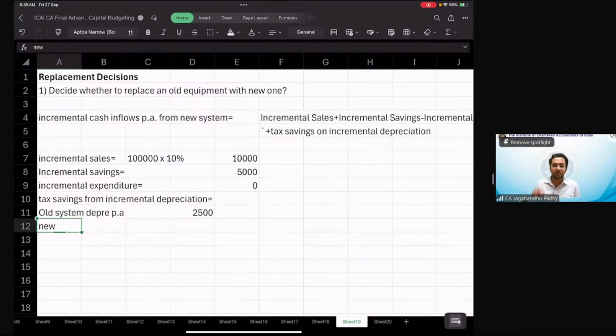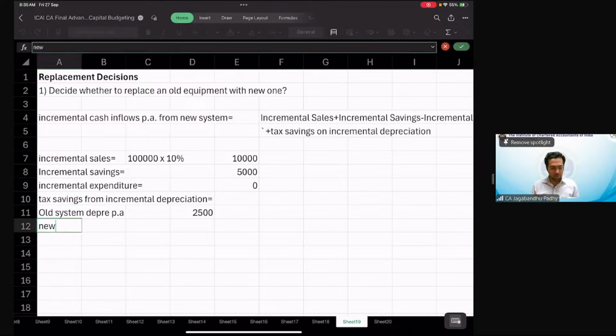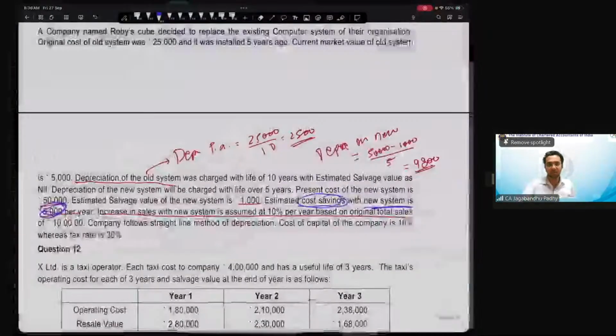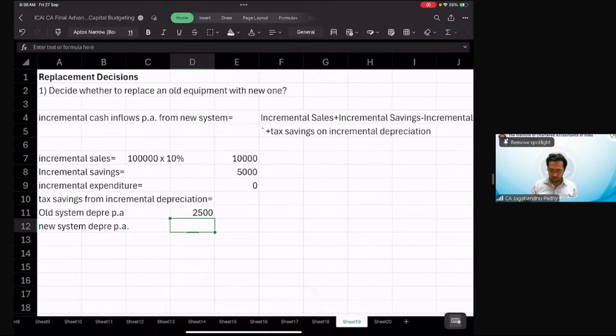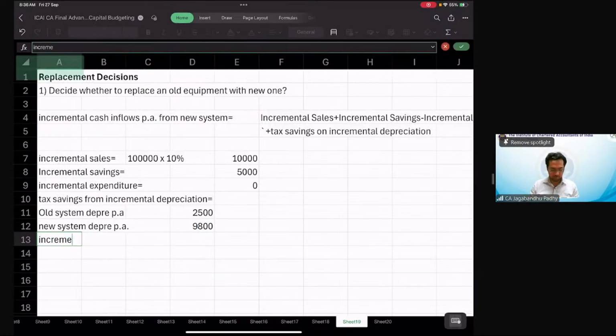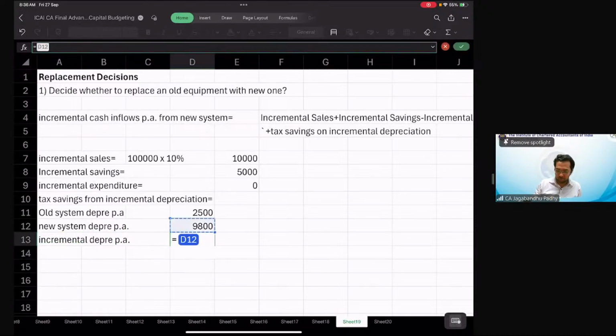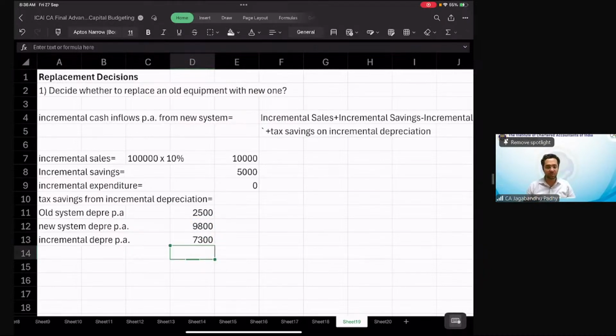Old system depreciation per annum was 2,500. What's the new system depreciation per annum? We've computed it, right, guys? What's the depreciation from the new system? 9,800. So what is the incremental depreciation per annum? So the incremental depreciation is 7,300.